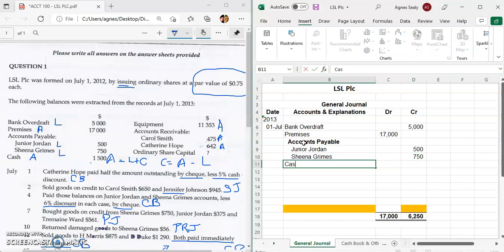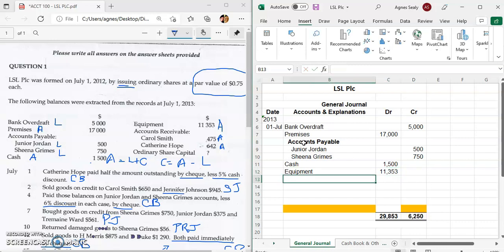Cash, debit balance of $1,500. Equipment, debit balance of $11,353. There we have our accounts receivable.